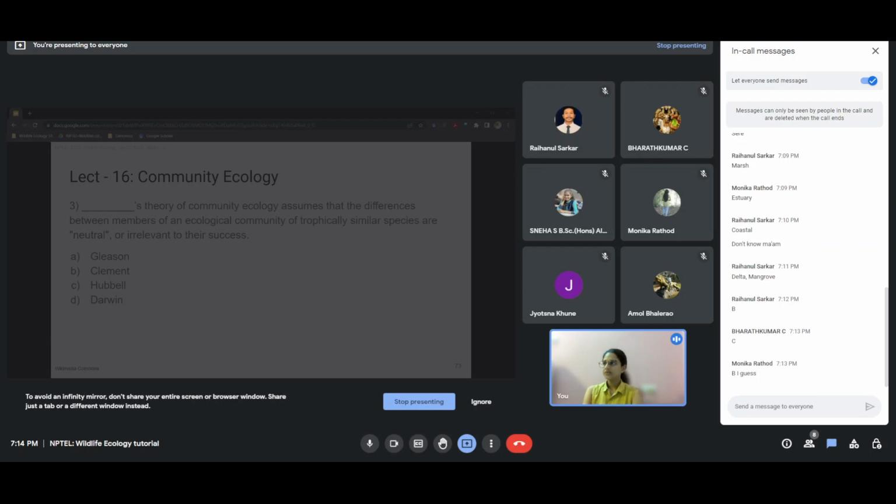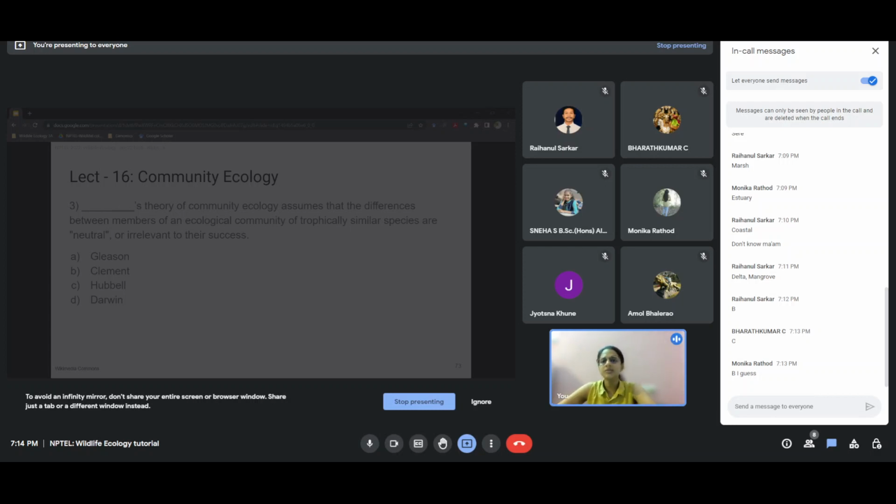So this person's theory assumes that differences between members of an ecological community of trophically similar species are neutral or irrelevant to their success. It does not matter what the differences are between members of trophically similar species occupying the same trophic strata. All right, so I'm going to give the answer, and the right answer is Hubbell.